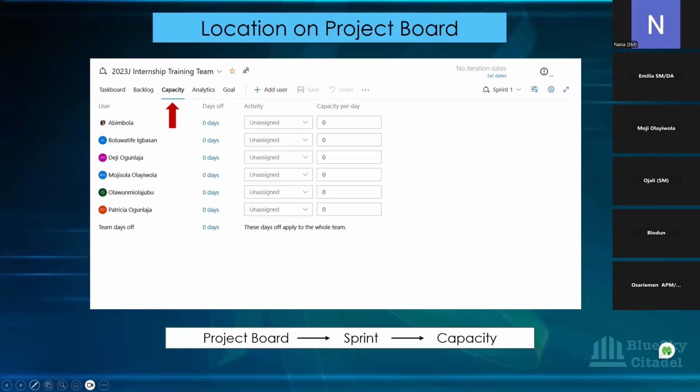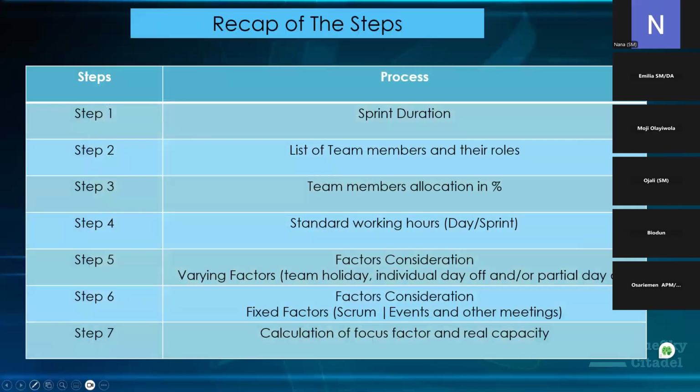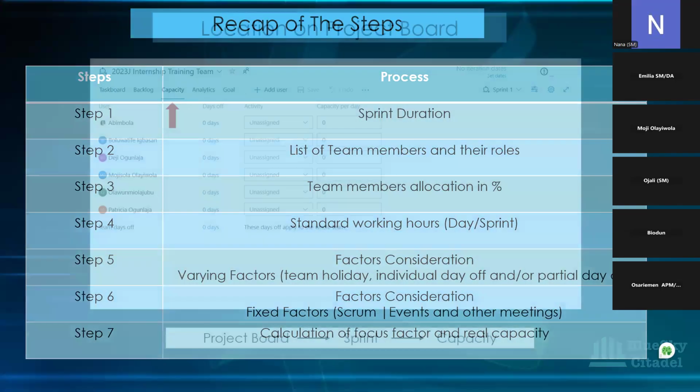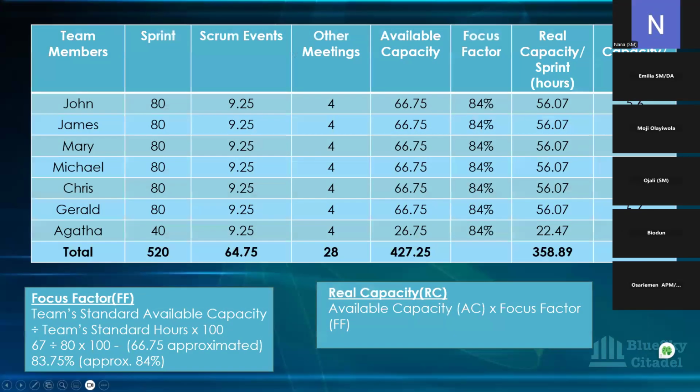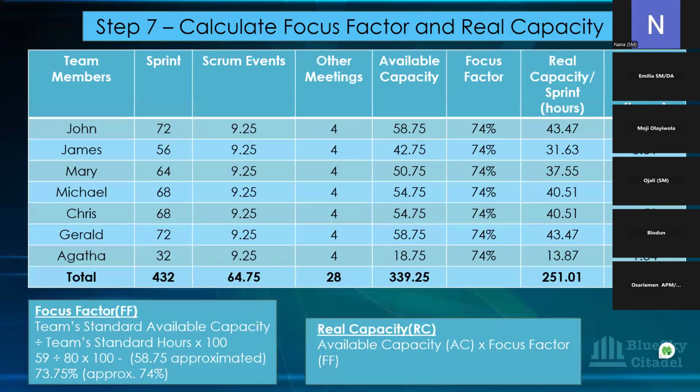Remember that if, let's assume there were no bank holidays, the capacity per day would be, let me just go back to that one that has 80, approximately 6 for everyone. If you're looking at everyone that has a holiday, because you've done this spreadsheet and worked it out, you're able to put everyone's available capacity in there. So maybe for John, his available capacity will be approximately 5 hours.